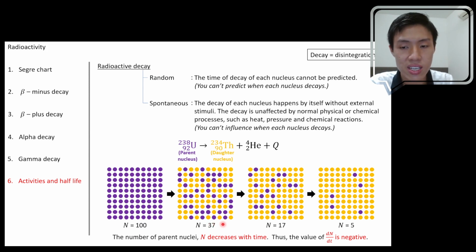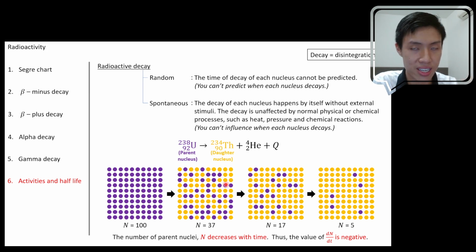So what can we say here? When initially N is equal to 100, our activity here is 63 decays per second. That's the initial case: N is equal to 100, A is equal to 63 per second. But as you move on to a later stage, comparing diagram 3 to diagram 4, the number of parent nuclei is 17, but the number of decays is 17 minus 5, which is 12.